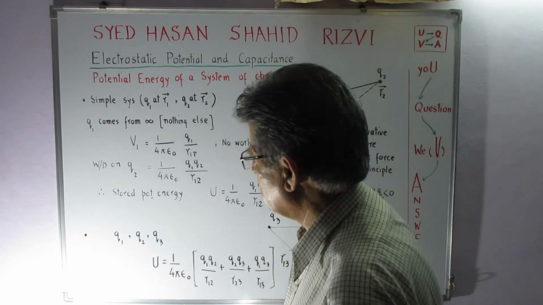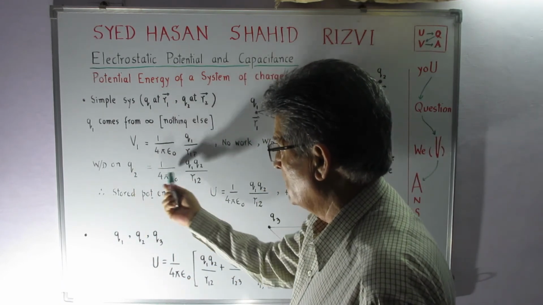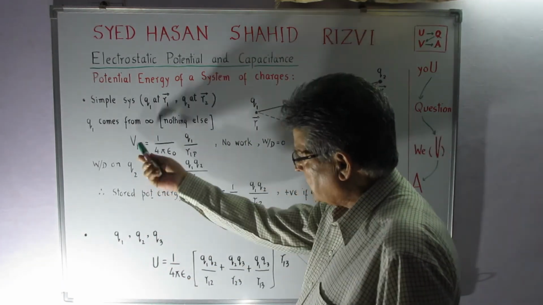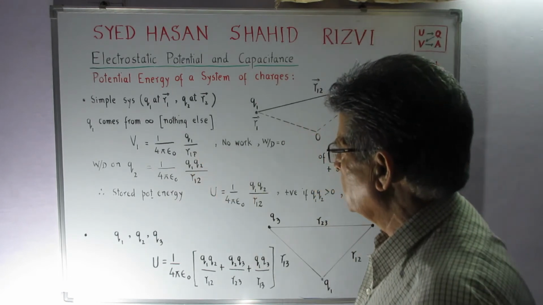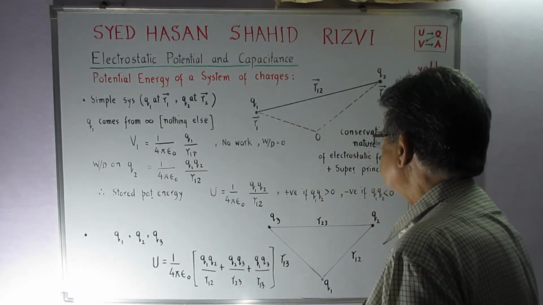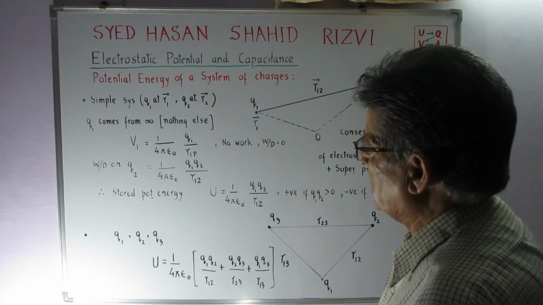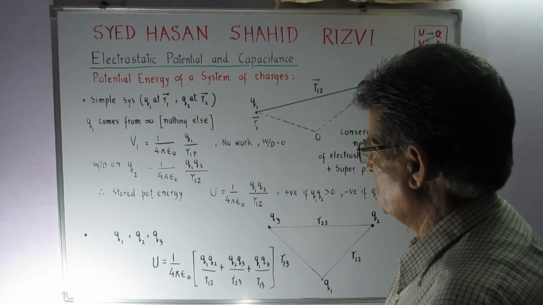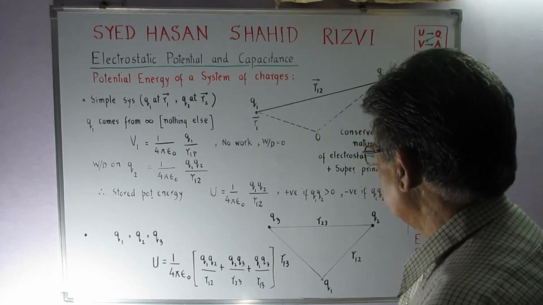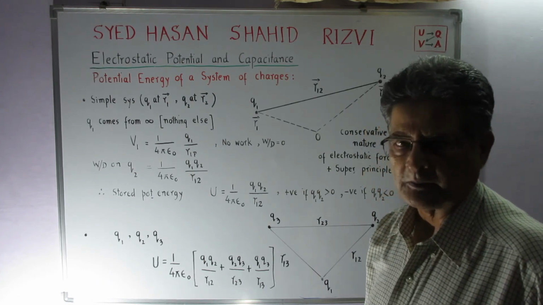There also the work done in that case on Q1 will become equal to 1 upon 4 pi epsilon naught Q1 Q2 upon R12, and there is no work done for bringing Q2 over here. This is because the nature of our force that we are encountering is a conservative one.